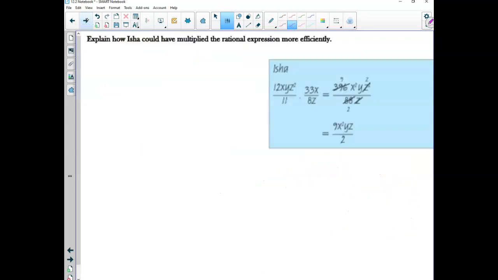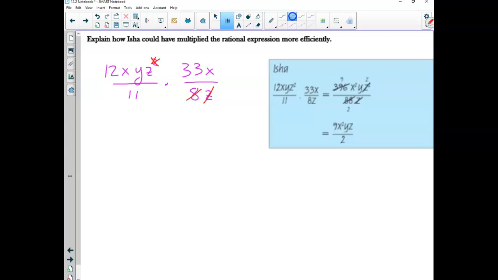Okay, so what are we going to do here? Explain how Aisha could have multiplied the rational function more efficiently. Well, what she could have done is taken her 12x y z squared over 11 times 33x over 8z. What she could have done more efficiently was see this z gets rid of that guy, and this 8 will reduce with 12.